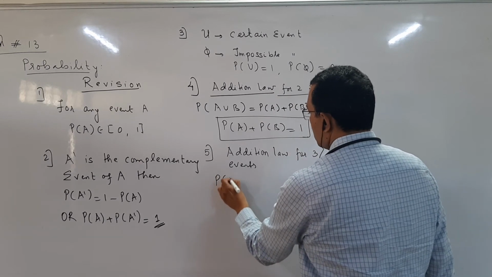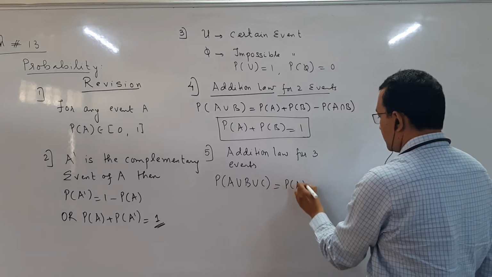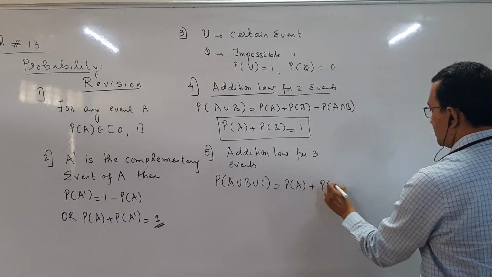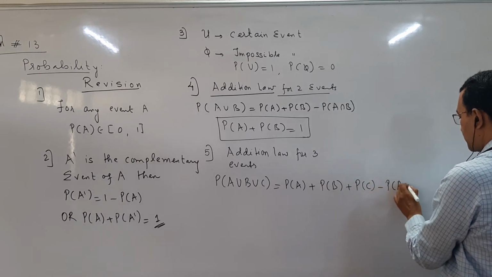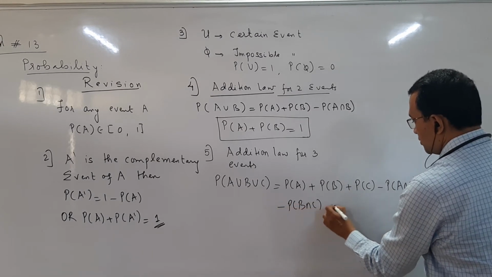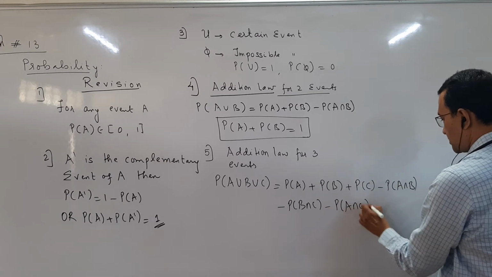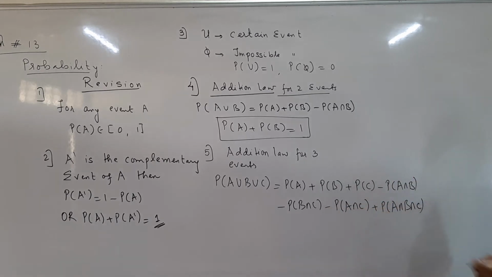Now, P of A union B union C is equal to P of A plus P of B plus P of C minus P of A intersection B minus P of B intersection C minus P of A intersection C plus P of A intersection B intersection C. Students, this is the addition law formula for 3 events.